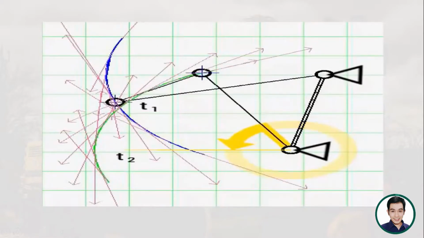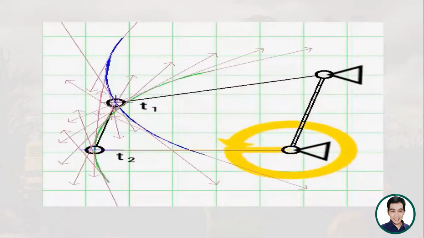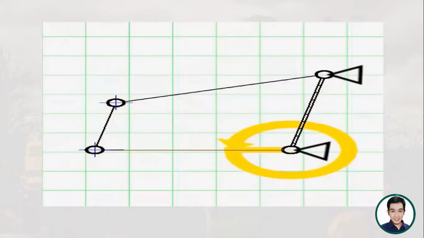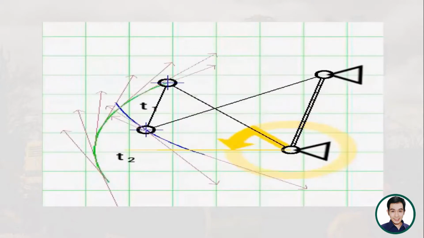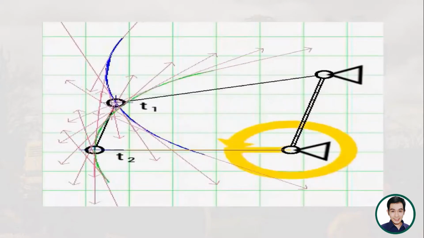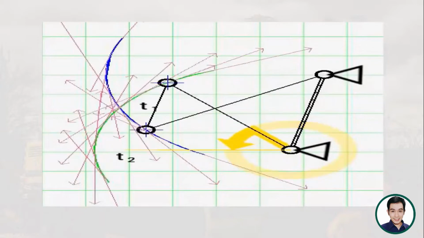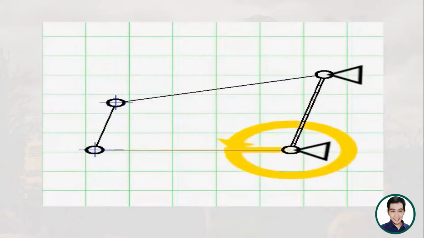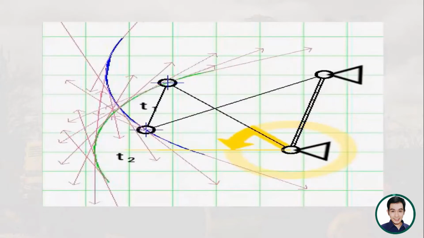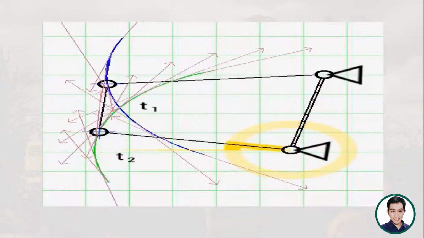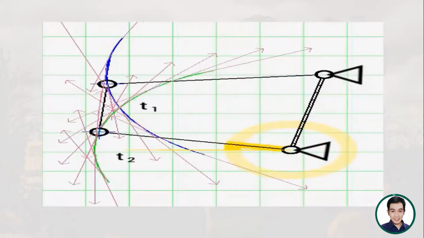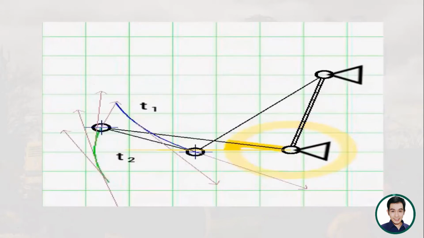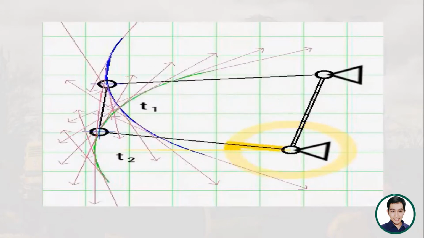You can see there that our coupler rotates, and the links adjacent to the grounded link will not have a complete revolution at all. So those are the three possibilities when you meet the Grashof condition.